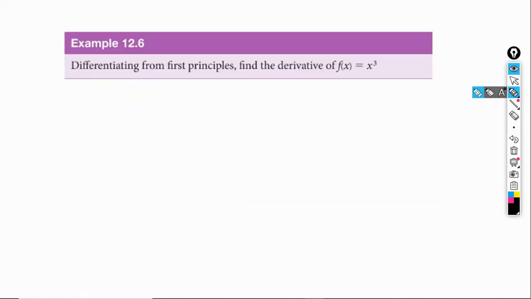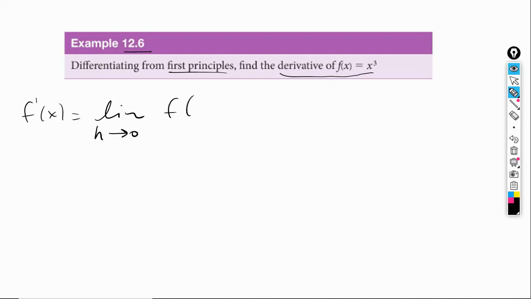So in example 12.6, they say differentiating from first principles, that means using the rule we just saw, find the derivative of f of x equals x cubed. So remember that the derivative of f of x is equal to the limit as h approaches 0 of f of x plus h minus f of x over h.